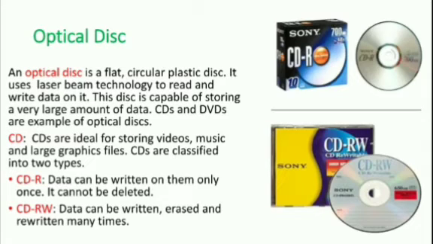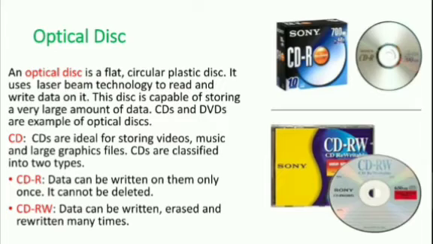Optical disc. An optical disc is a flat circular plastic disc. It uses laser beam technology to read and write data on it. This disc is capable of storing a very large amount of data. CDs and DVDs are the examples of optical discs. CDs are ideal for storing videos, music, and large graphics files.